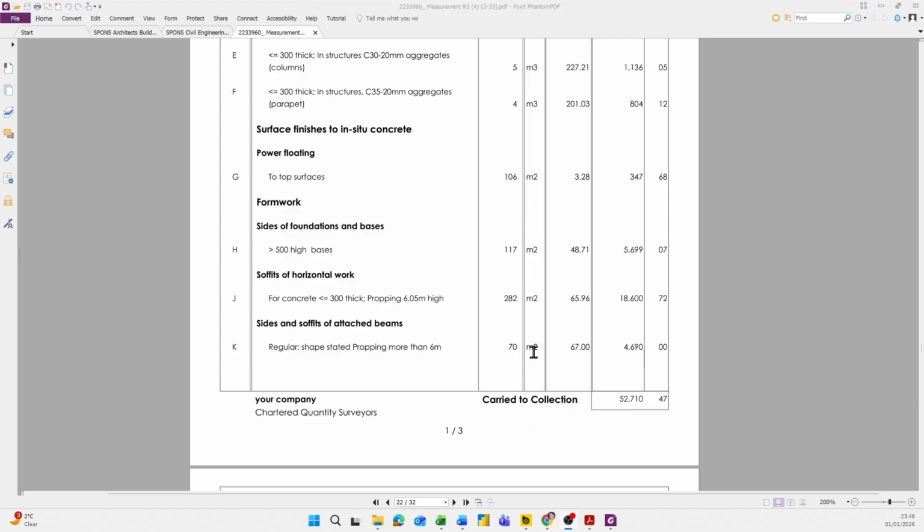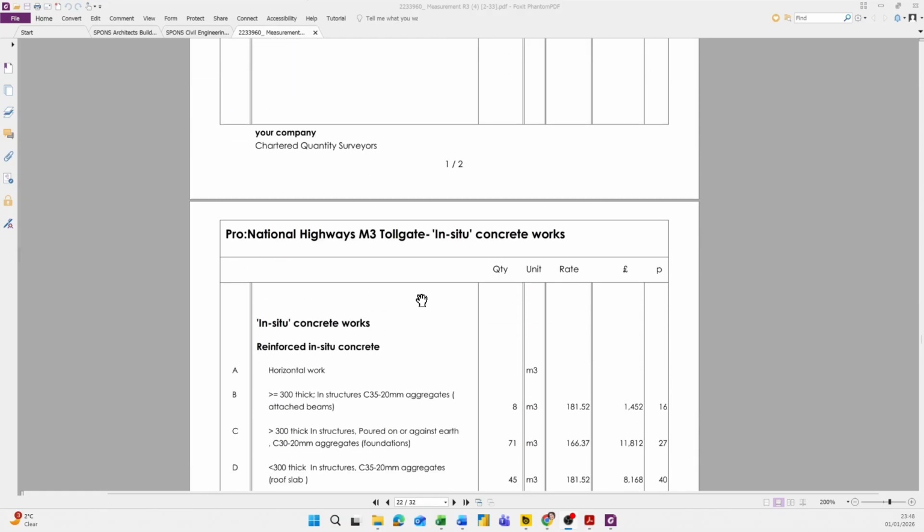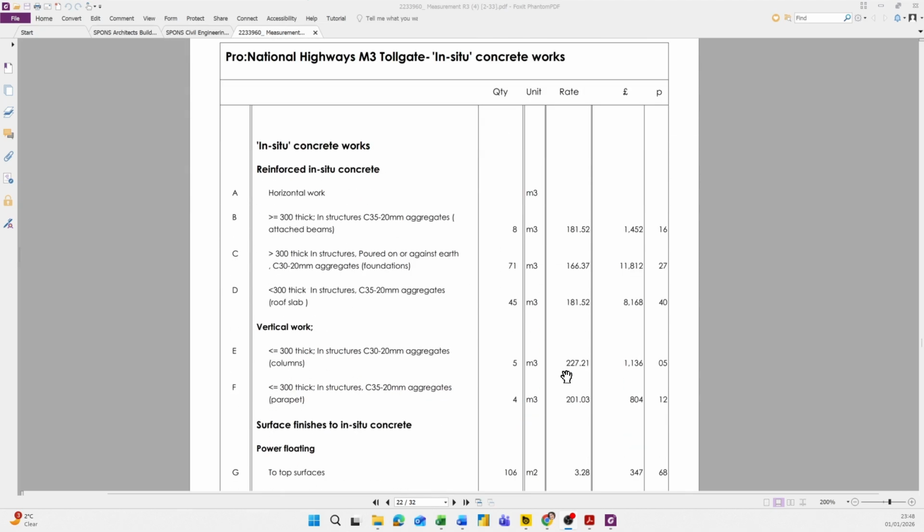For my new project, one thing I need to explain: I cannot just copy and paste the price from this data to my new project, because I need to consider what type of project this is. This is a highway tollgate project, and my project is a factory building project.